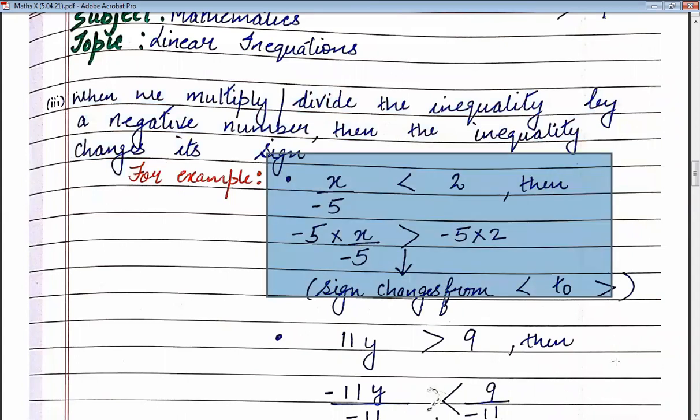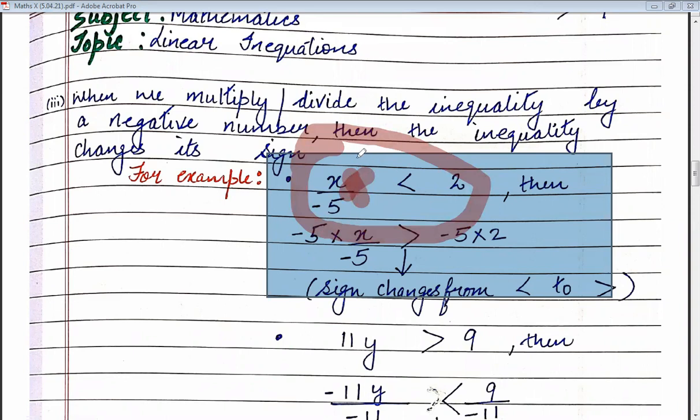Let's have a look at the very first example, that is x divided by minus 5. Sorry, x is less than 2. That is x divided by minus 5 is less than 2. Okay, now children, here I'm going to multiply by minus 5 on both the sides. I'm going to multiply my left hand side and right hand side by the negative number, that is minus 5.